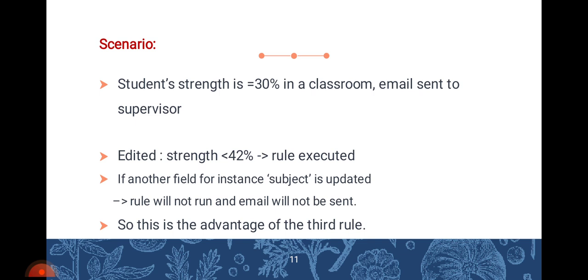So, the rule will be executed. If another field, for instance subject, is updated, the rule will not run and the email will not be sent, because another field, that is subject, has been updated, keeping the strength as it is. So in this case, the rule will not run and the email will not be sent. In this way, the drawback of the previous criteria has been overcome by this criteria.